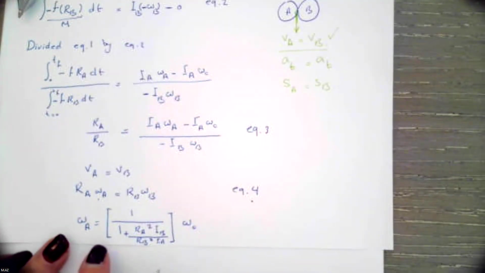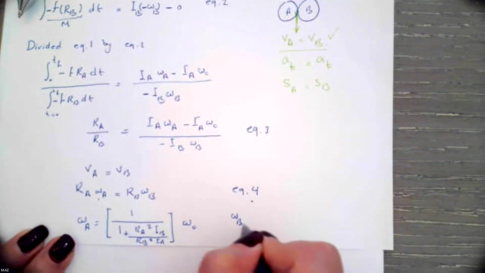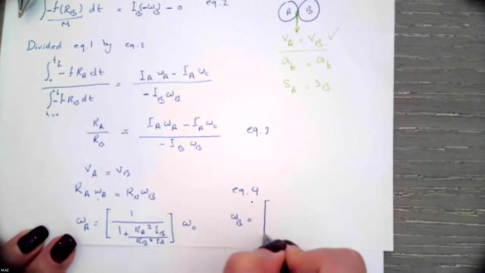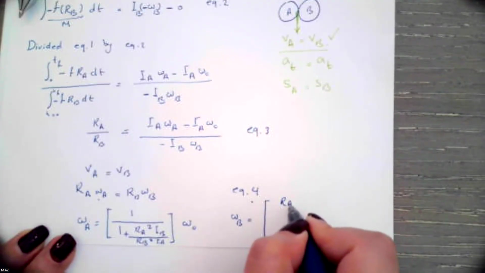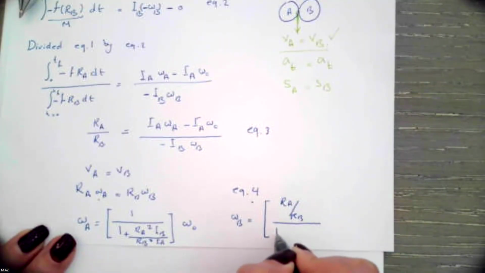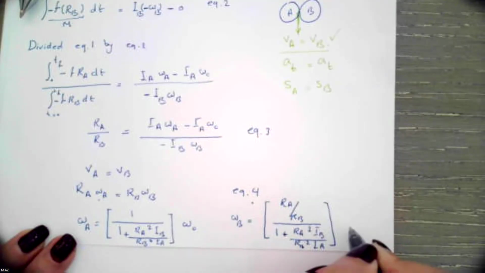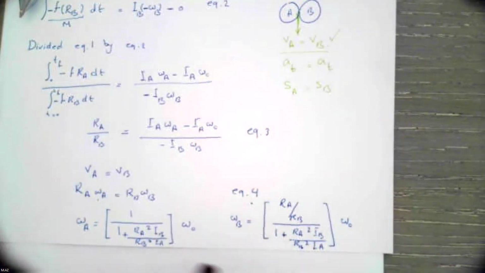This is the angular velocity of disk A. This is for disk B. This is the answer of this problem.